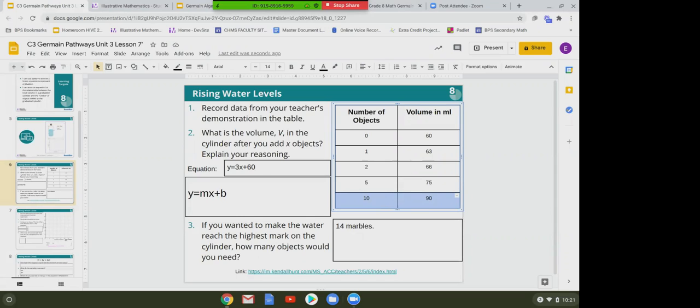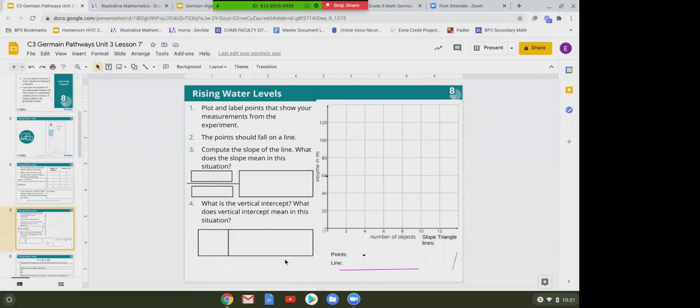Diego, I'm going to show you how to plot those points, okay? So if we come back to slide number 7, you're going to grab one of these points off the pile, Diego. So watch. You grab a point off this pile, you go over and up, and you drop it. We're going to plot one at 10, 90.